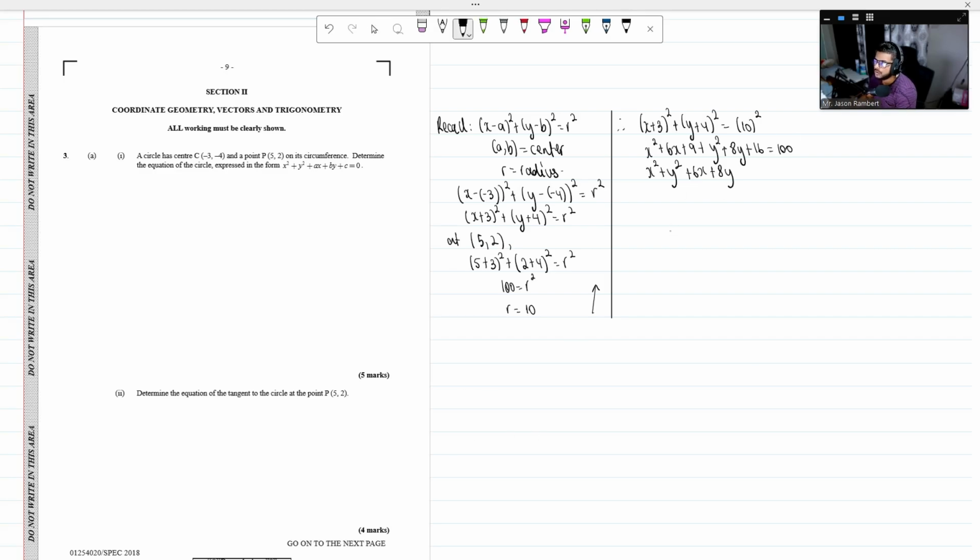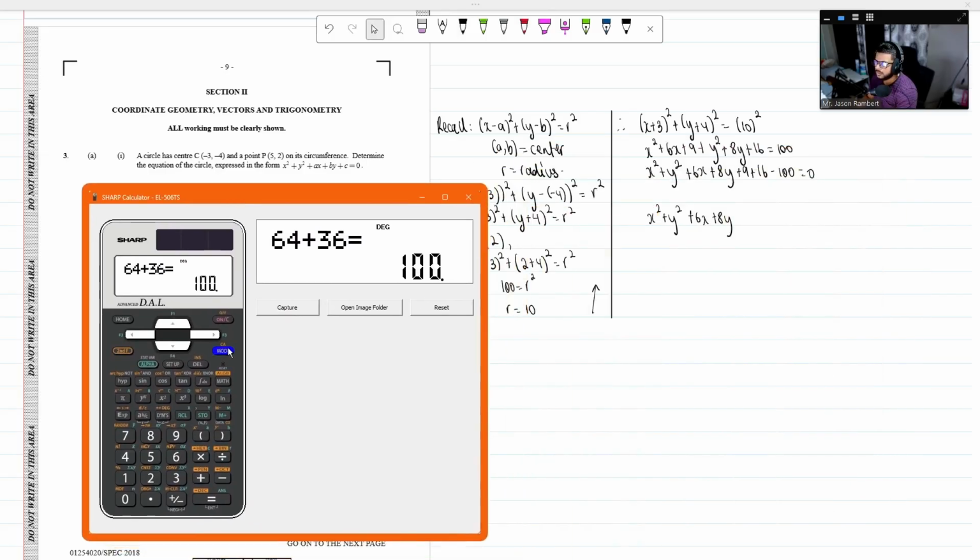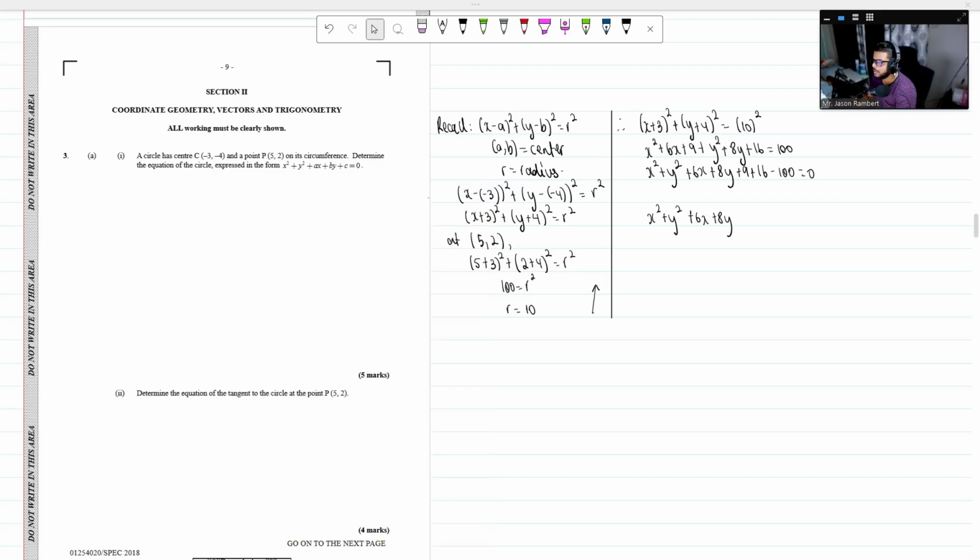When I bring the 100 across, it becomes minus. So plus 9 plus 16 minus 100 is equal to 0. Let me just double check, nothing wrong with double checking: 9 plus 16 minus 100 is minus 75. Good.